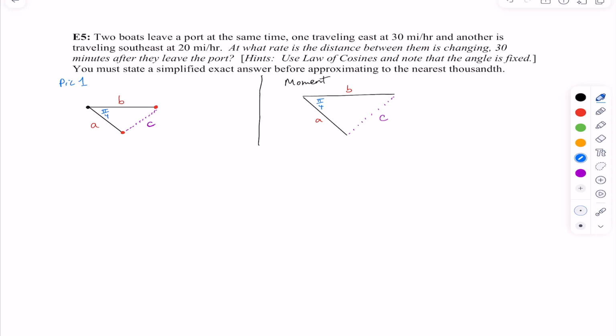What's a relationship with an included angle, two sides, and the opposite side of that included angle? That relationship is called the law of cosines. The law of cosines is the extended version of the Pythagorean theorem. And we know that capital C here is pi over 4 radians.